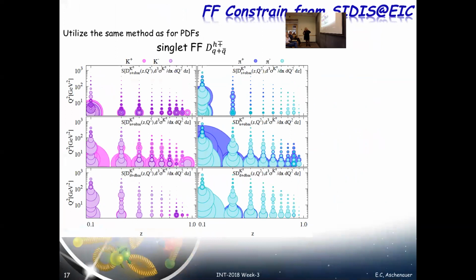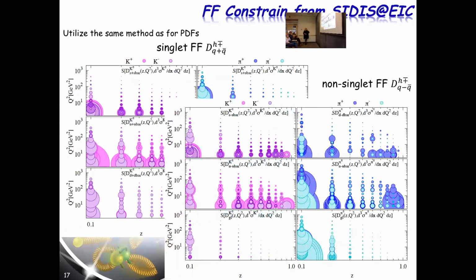In pink we have the kaons, in blue we have the pions, and you see that as function of Z and then as Q squared. So you see again, kaons of course make quite some impact on S, U bar. And then you have the D bar here, U bar, and so on. So again, also there, the data will make a large impact on the fragmentation function.